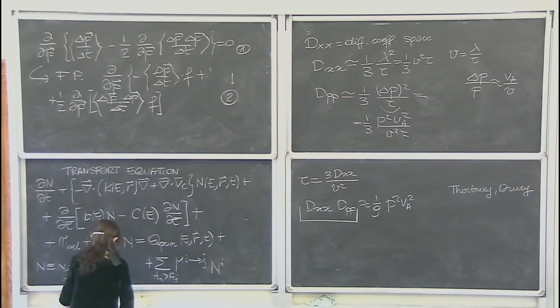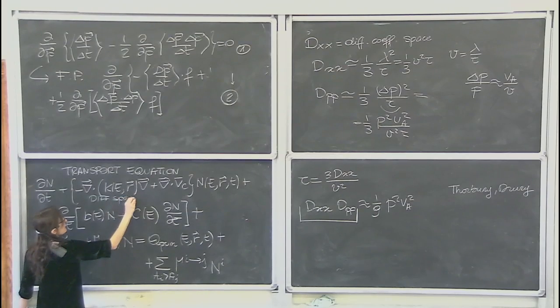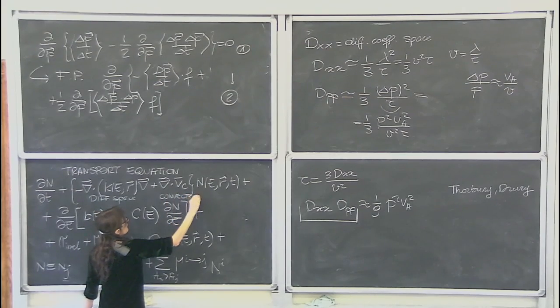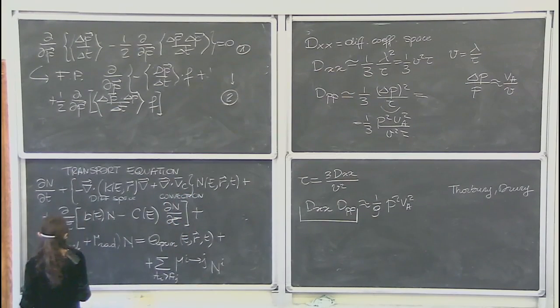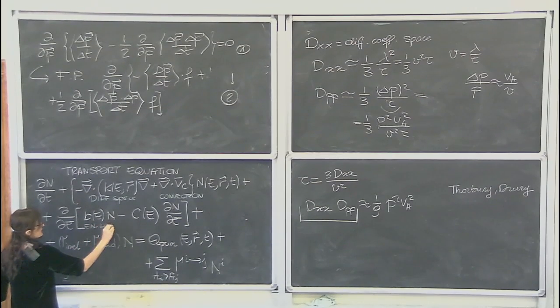So, this is diffusion in space. This is a term that is called convection. This term B is due to energy losses.